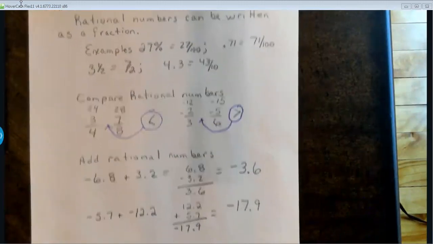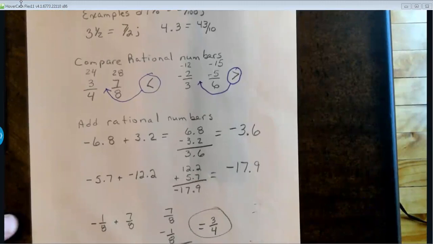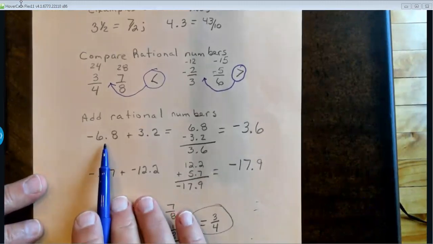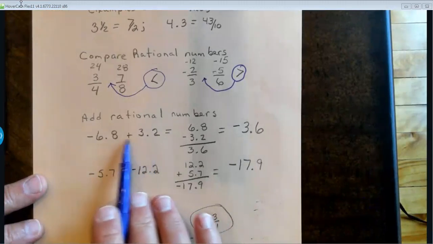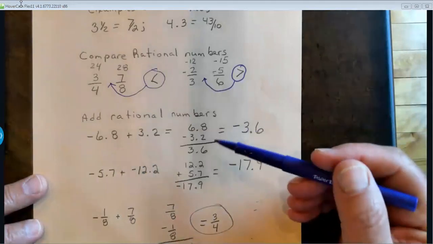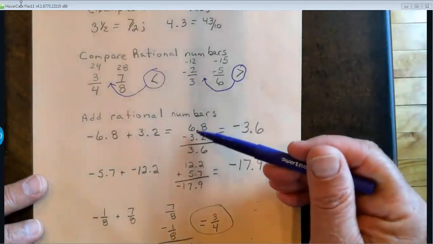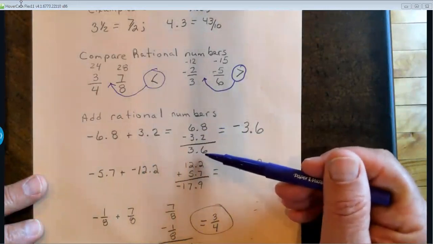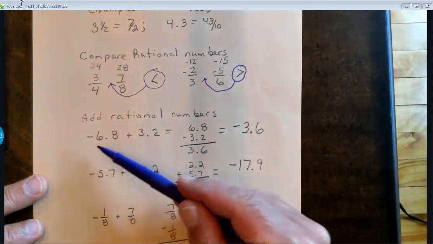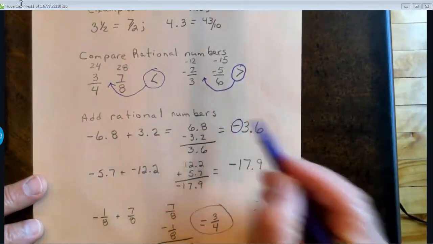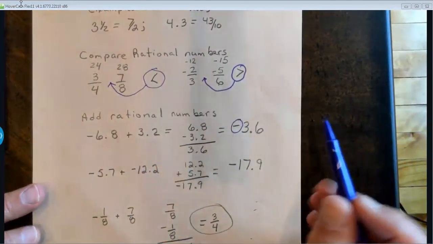Now, when we're going to add rational numbers, we have to remember our integer rules. Here, when I have negative 6.8 and I'm going to add 3.2, I'm adding two rational numbers with different signs, so I subtract. 6.8 minus 3.2, I get 3.6. 6.8 is the higher number, it's negative, so my answer is going to be negative.